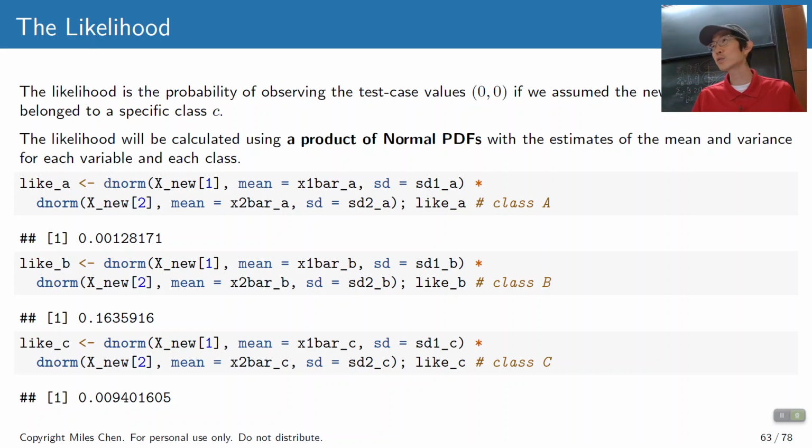Can a density go over 1? Yes, a density can go over 1. The probability, the cumulative distribution function, cannot go over 1, but a density can. Especially if you have a normal density with a very small standard deviation, like 0.01 or something.